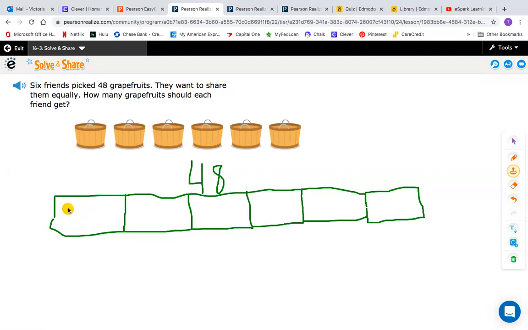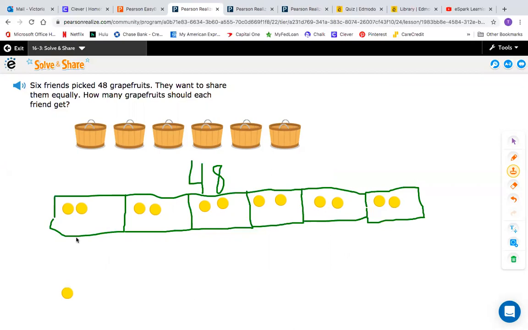So let's count. 1, 2, 3, 4, 5, 6, 7, 8, 9, 10, 11, 12. And what you'll notice is it's counting by 6s, right? Just like multiplication.